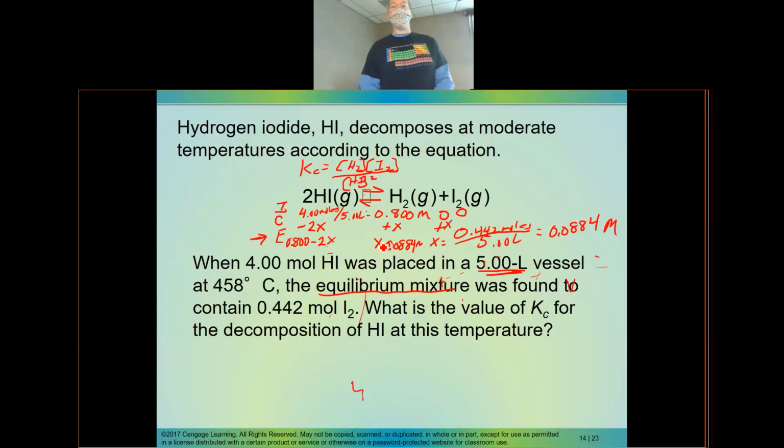All right, and now I have to multiply that by 2. So to get my concentration of HI, I have to take 0.8 minus 2x.